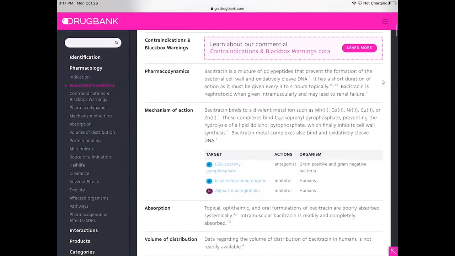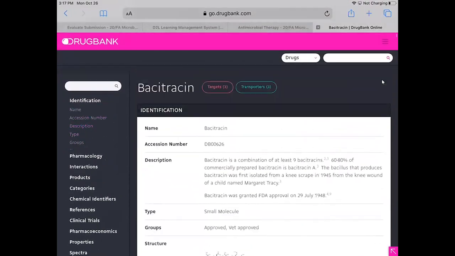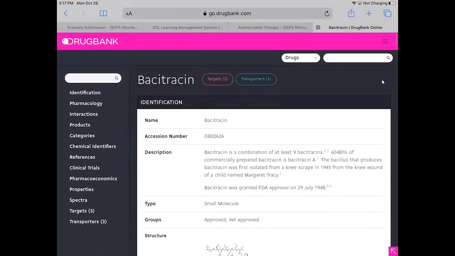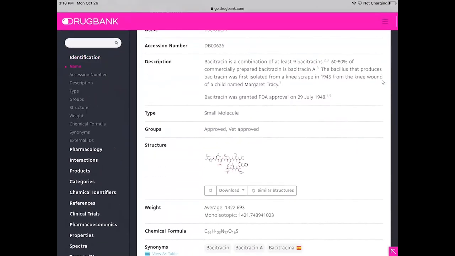So polymyxin is cell wall, so they might have added something to it. Bacitracin is a combination of nine bacitracins that came from a Bacillus.